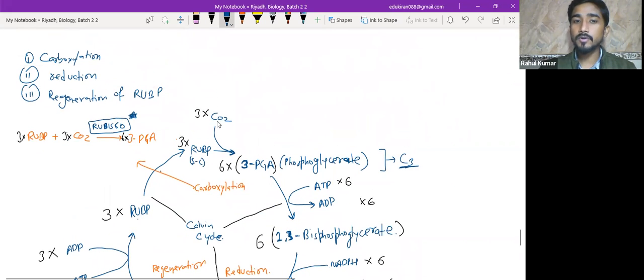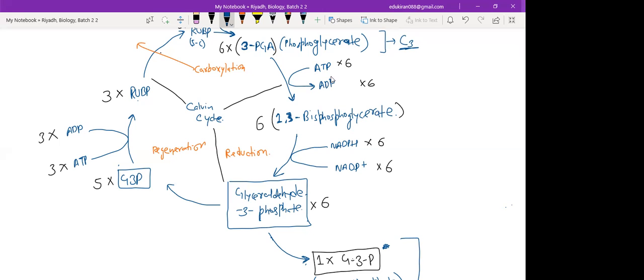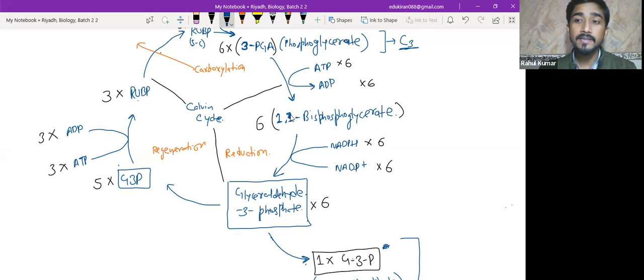Because there are 3 CO2 entering, hence here 6 ATP are utilized. If there was 1, then 6 by 3, which is 2. So 2 ATPs are used here, and 3 by 3, 1 ATP is used here, correct? Is it clear? Yes, sir. So total 3 ATPs are used per CO2 entering the Calvin cycle.